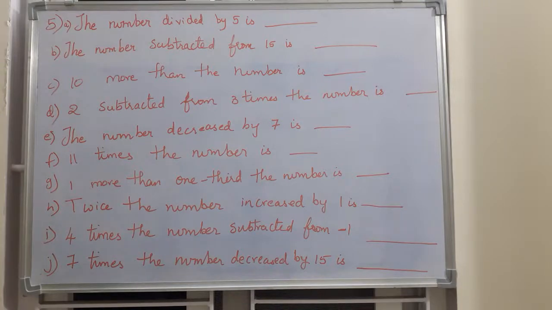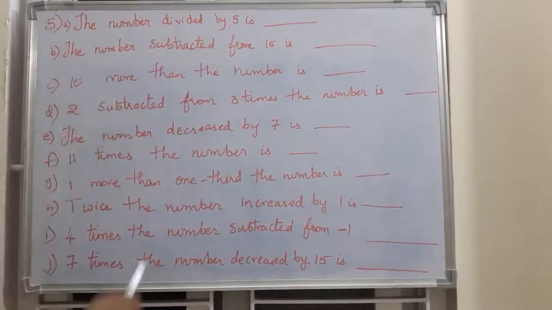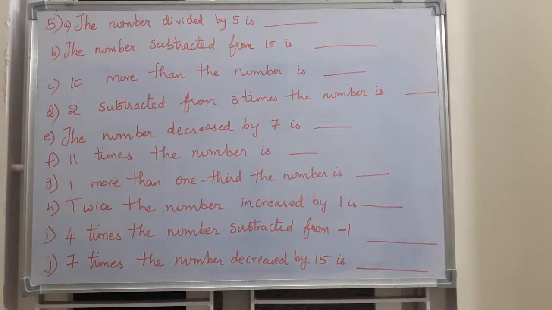Now he has given you 10 blanks and you have to fit the correct expression in each. You need not check from the options; directly you can do the sum like this. A number divided by 5. Wherever you see a number, take the number to be x.